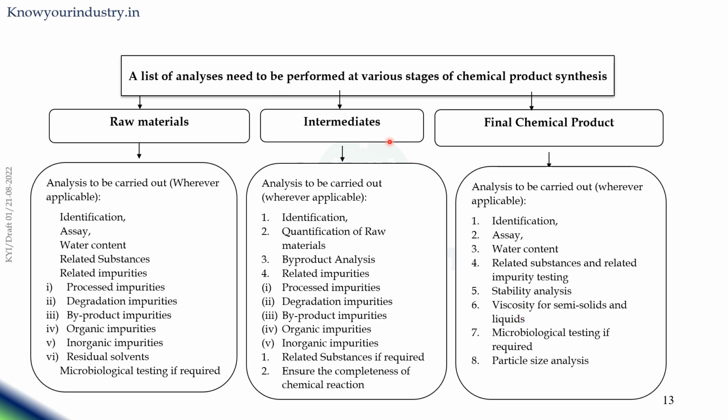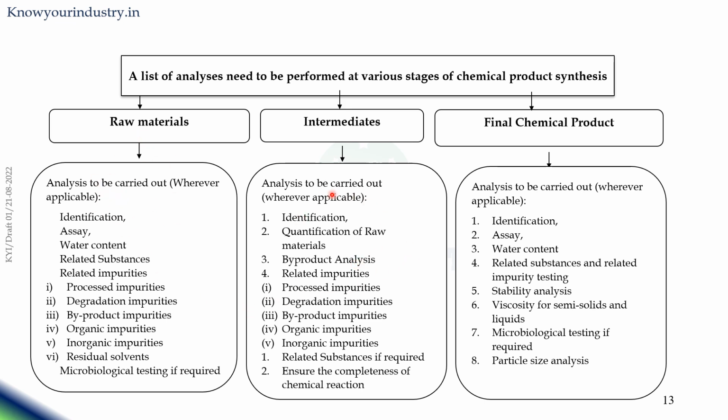To understand intermediates, for example, we are going to synthesize paracetamol from a raw material chemical source. There will be some intermediate chemical compound obtained. Some manufacturers only manufacture these intermediates so that others can manufacture the final product. For example, X company is supplying the raw materials, Y company is manufacturing these intermediates using the raw materials from X company.